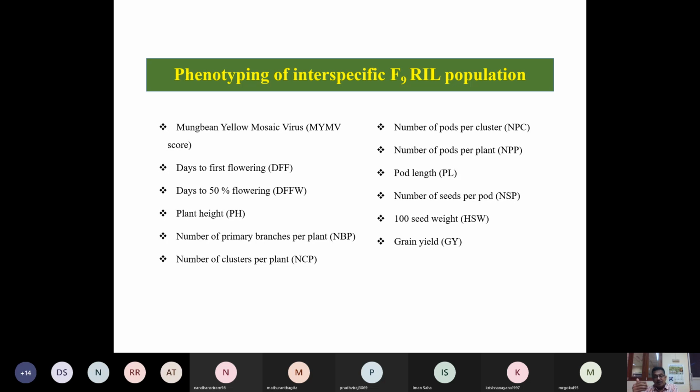There may be some quantitative characters, but we want to map where their locations are. So you have to record 50% flowering, days to first flowering, plant height, number of primary branches, number of clusters per plant, number of pods per cluster, number of pods per plant, pod length, number of seeds per pod, 100 seed weight, and grain yield. These are the biometrical characters that normally decide the yield of the particular crop.